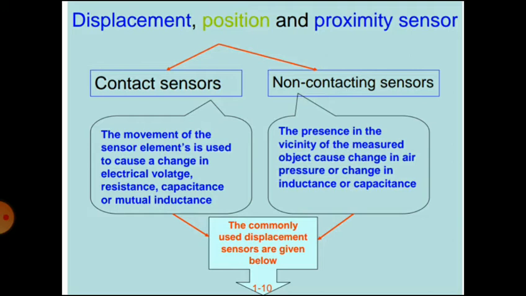Now second is non-contacting sensors. In this there is no physical contact between the measured object and the sensor. Non-contacting sensors might involve the presence in the vicinity of the measured object causing a change in the air pressure in the sensor, or perhaps a change in inductance or capacitance.